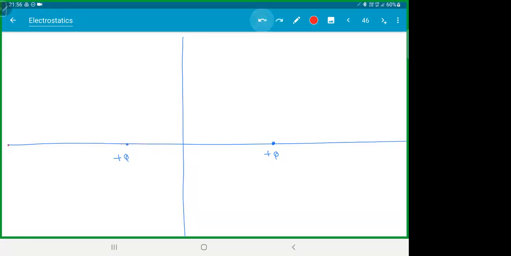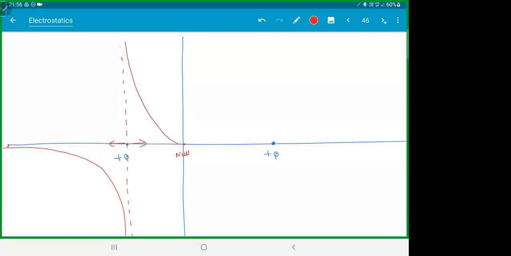So look at the graph as it starts. At infinity, it is 0. On the left-hand side, the field is pushing in the minus I cap direction. As you get closer, the magnitude will go to infinity. You're getting how the graph looks? Two things: the magnitude will go to infinity and the direction is minus, so it will go to minus infinity. Once you cross the charge, the field is on the right-hand side and you're very close, so it will come from plus infinity. At the center, both will cancel out.